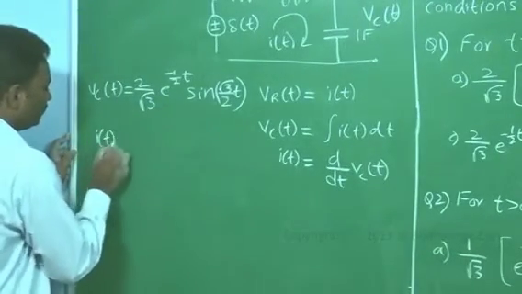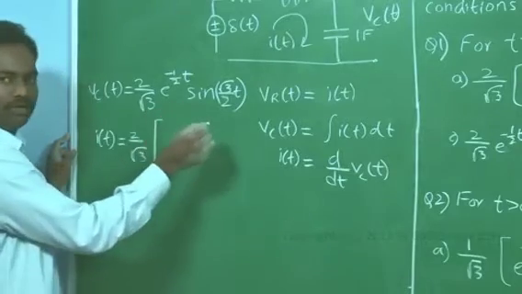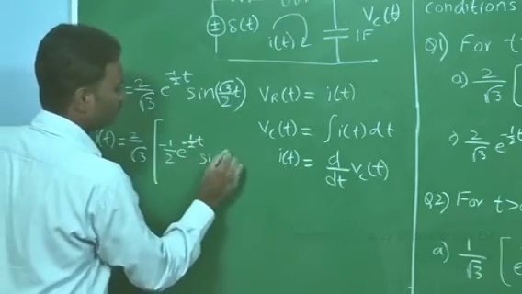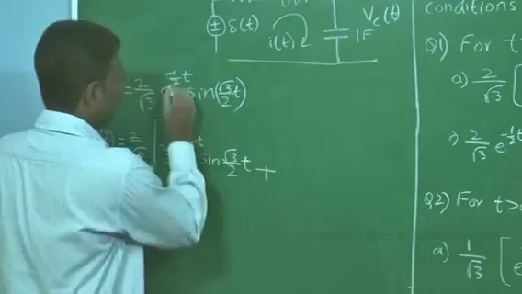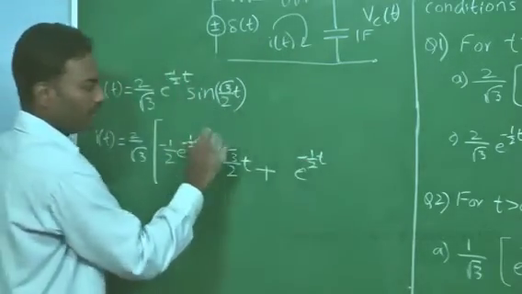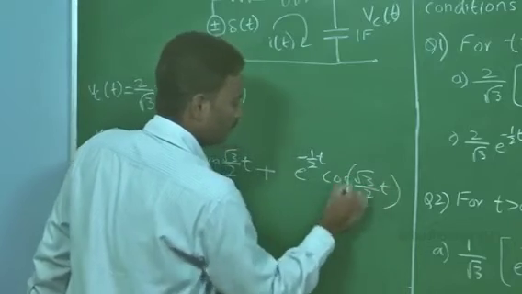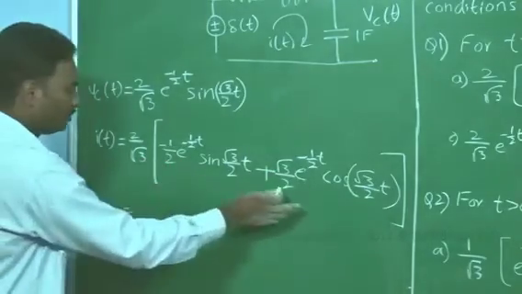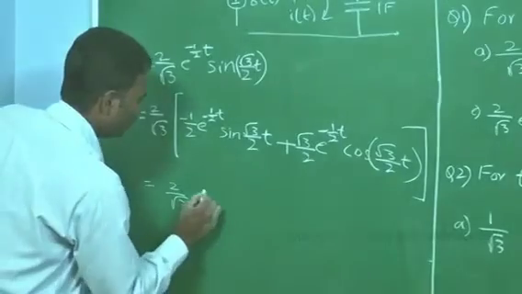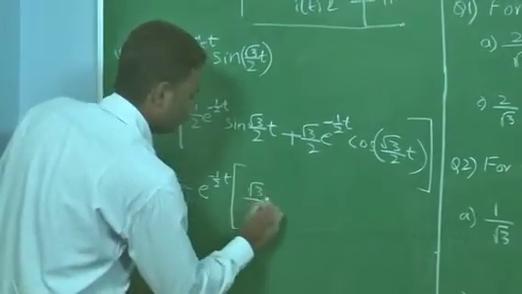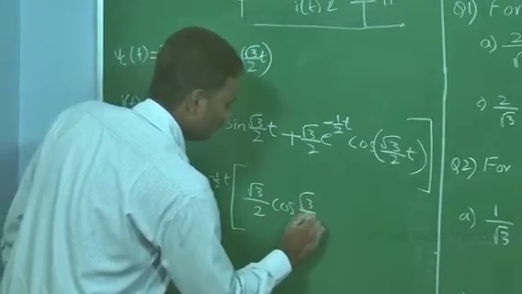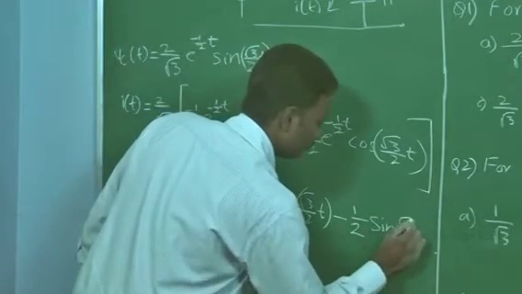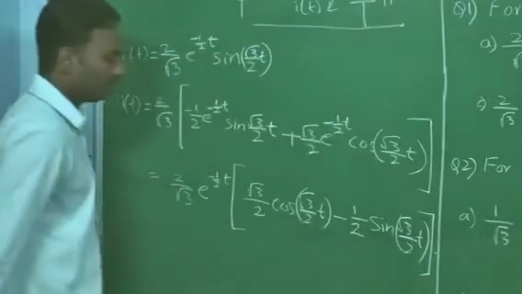Differentiating this, we get i(t) equal to 2/√3 times, applying the product rule: the derivative of e^(-t/2) is -1/2 e^(-t/2), times sin(√3/2 t), plus e^(-t/2) times the derivative of sin(√3/2 t), which is cos(√3/2 t) with the constant √3/2. Taking e^(-t/2) common from the two terms, we can write 2/√3 e^(-t/2) multiplied by the first term, √3/2 cos(√3/2 t), minus 1/2 sin(√3/2 t).